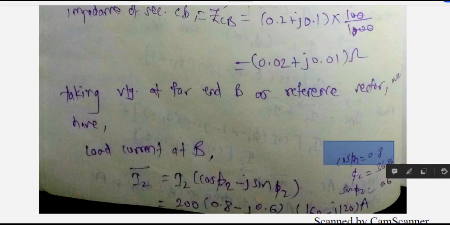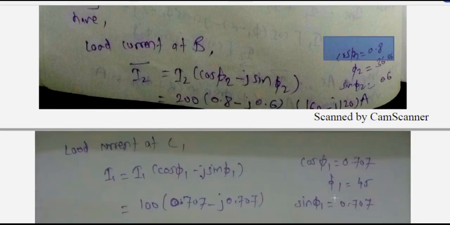From this we can consider phi 2 is equal to cos inverse of 0.8. It comes as 36.86. We take the sine of 36.86, which is equal to 0.6. So the equation becomes 200 in bracket 0.8 minus j times 0.6. Multiplying, it comes as 160 minus j times 120 ampere.